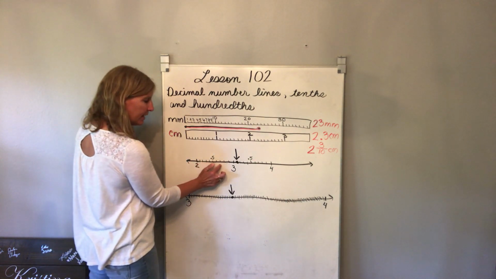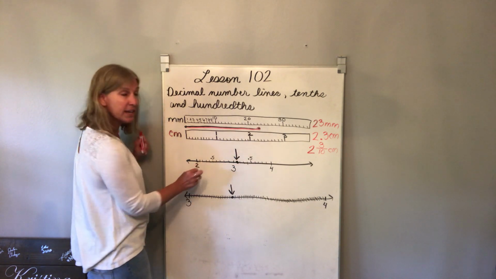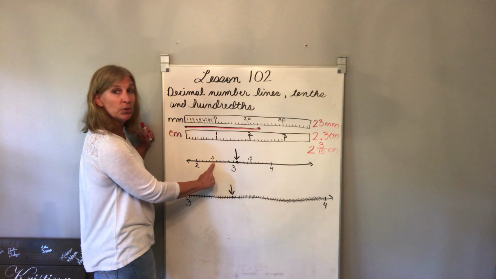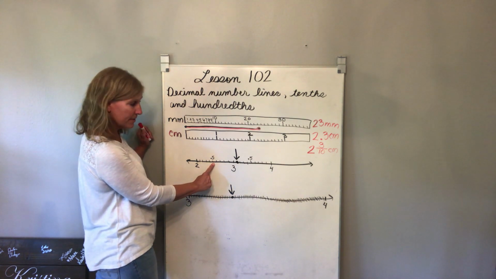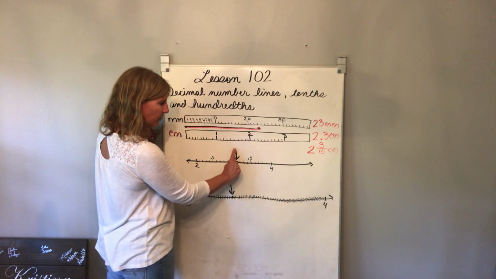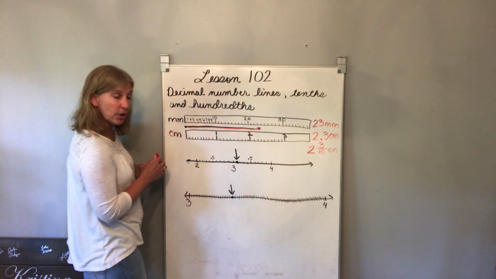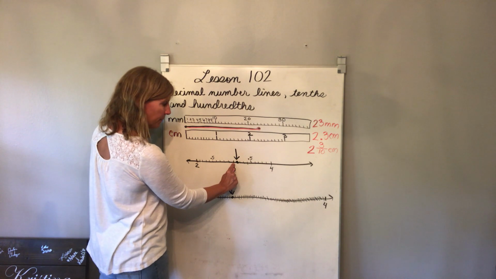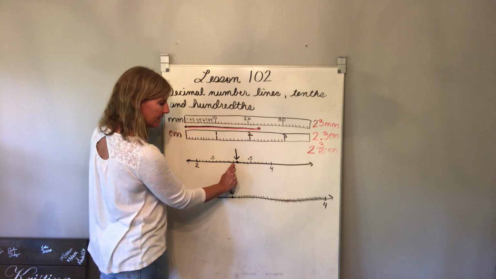Remember, if these are divided into 10 equal spaces, each one is 1/10. So this point right here in the middle would be 2 5/10. Well, let's look and see if we can figure out where this arrow is pointing. We have 2, 3. Now we need to count by tenths.